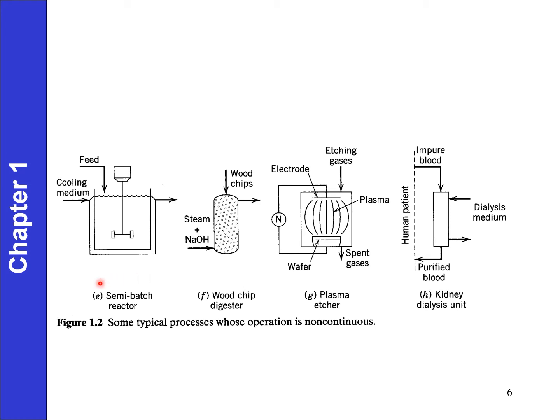For example, a semi-batch reactor, where there is a feed and cooling medium, and we also have a wood chip digester and the plasma etcher. And here is an example not in a unit operation but in our daily life, such as a kidney dialysis unit, where we have impure blood, dialysis medium, and purified blood.